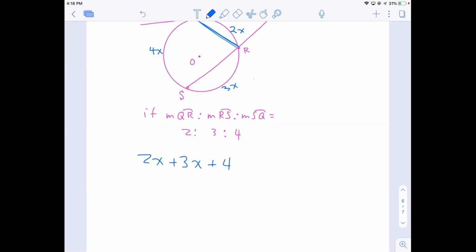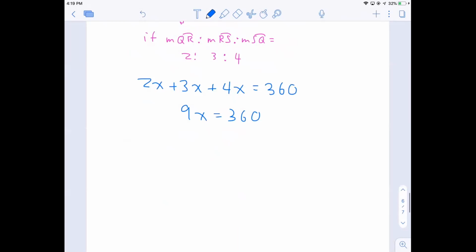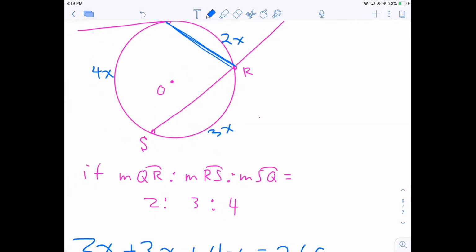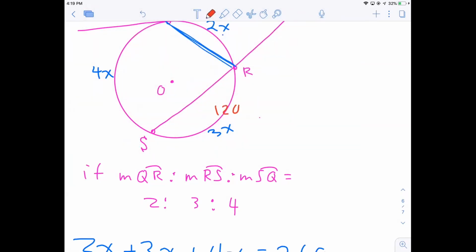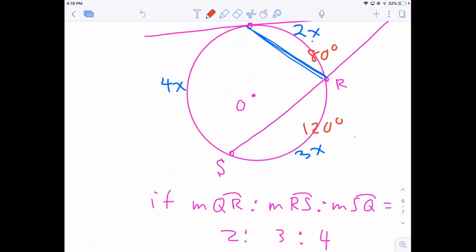All of those arcs have to sum up to 360 degrees because they form a full circle. So solving, we get 9x equals 360, or x is equal to 40 degrees. Now I have the measure of each one of these arcs. This arc here is 80 degrees, this would be 120 degrees, and this would be 160 degrees.